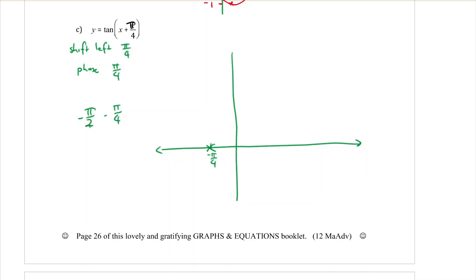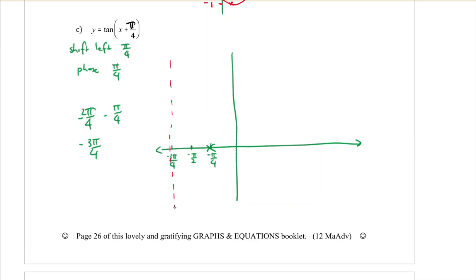Common denominator will be 4 here and 2 there, so that makes a minus 3 pi over 4. Okay, so it was 3 pi over 4. So minus 3 over 4, let's go up by quarters. So there is going to be 2 quarters, otherwise known as pi over 2, and there's my minus 3 over 4, which is where my asymptote is going to be.